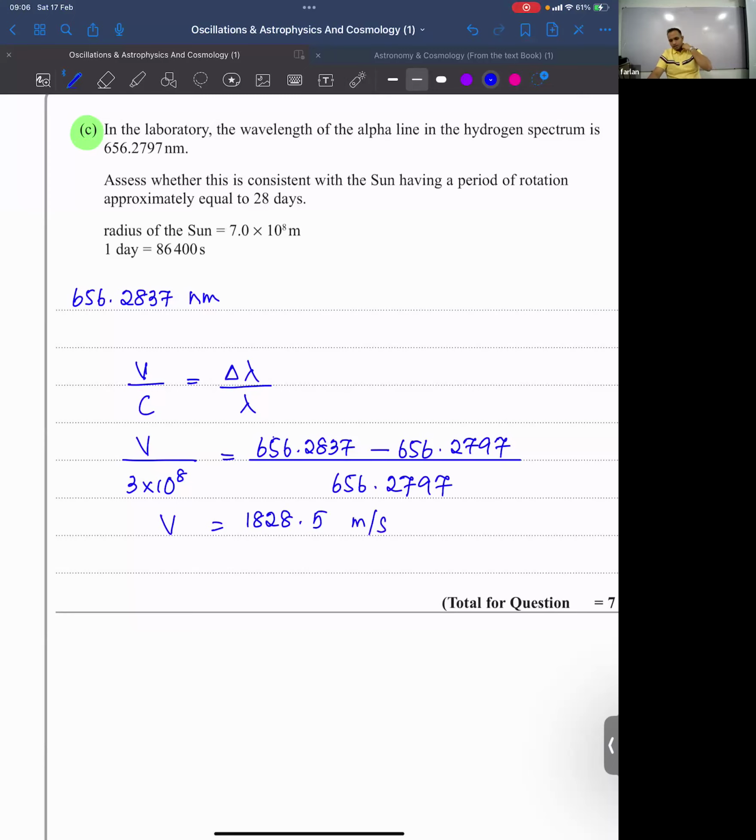So this is the speed at which point B is moving away from us, or the speed at which the surface of the sun is rotating.